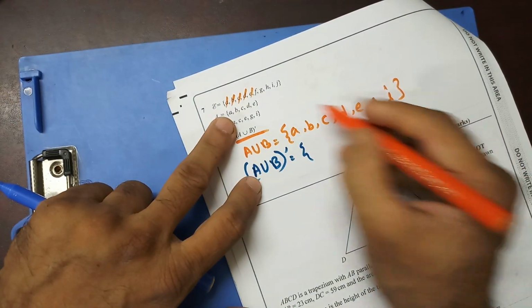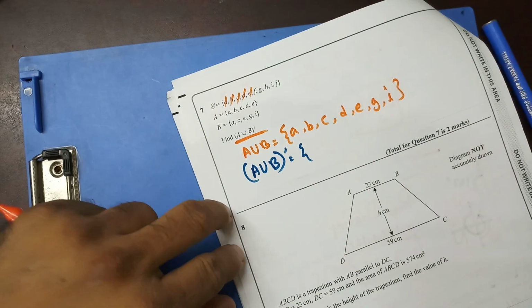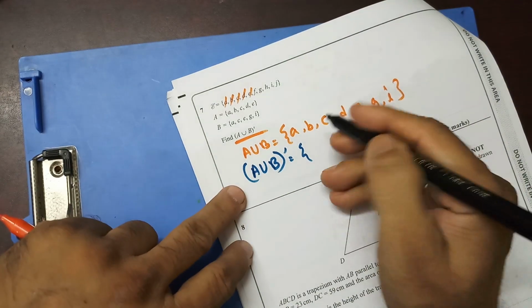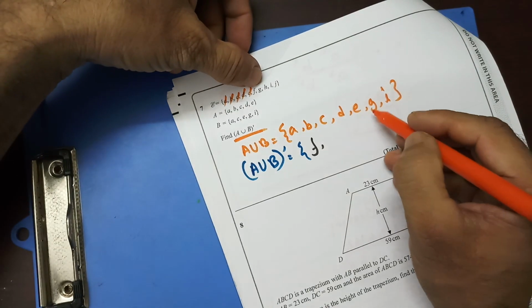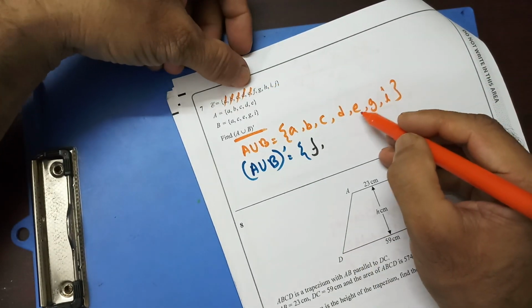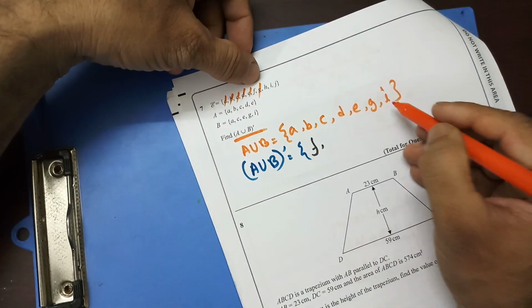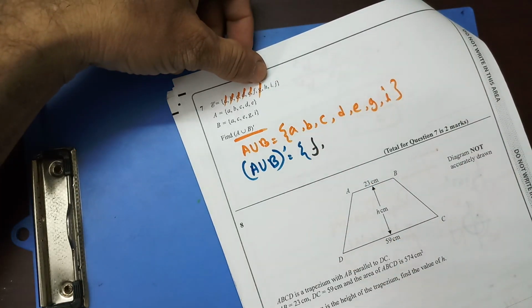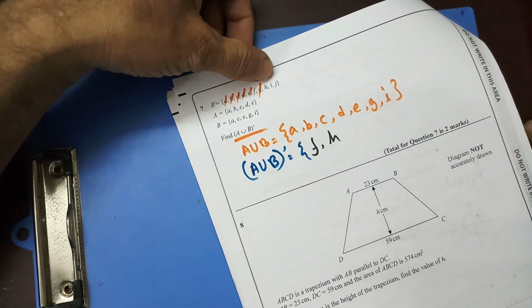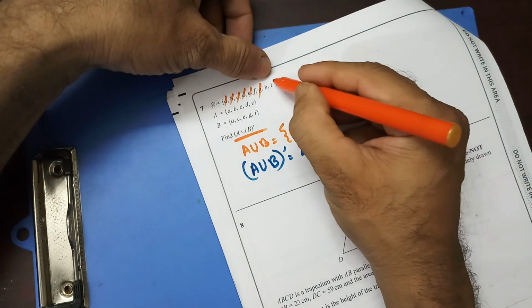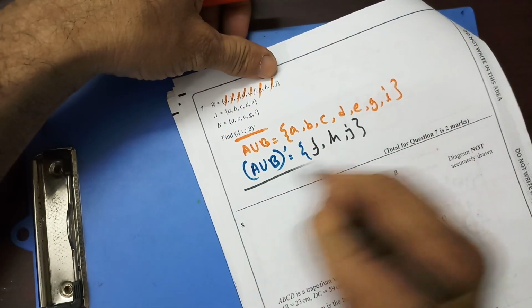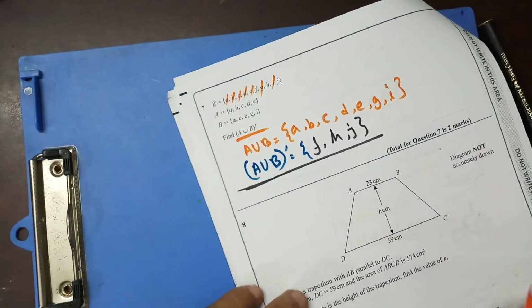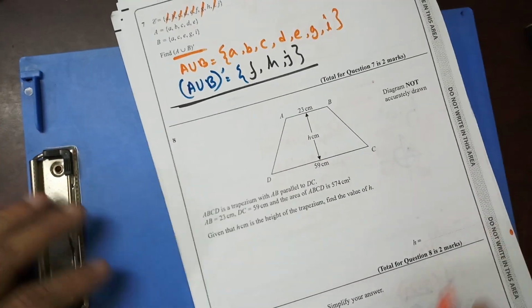Now there is no F, so I'm having F over here. Then G is here, cross it out. H is not there, so H is here, and then I, see that I over here, J is not there, so J is here. So that's it. That's our A union B prime, or complement of A union B.